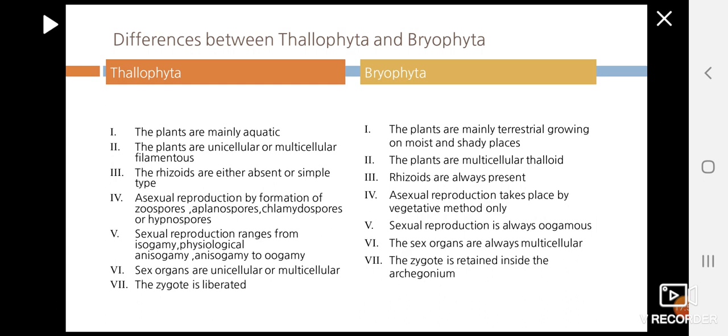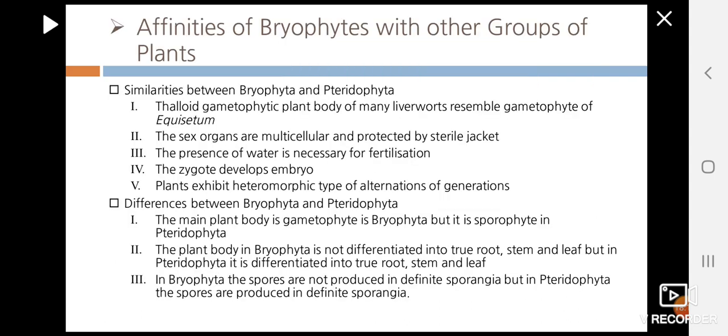Sex organs are unicellular or multicellular in case of Thallophyta, but they are always multicellular in Bryophyta. Zygote is liberated in Thallophyta, but it is retained in the archegonium in case of Bryophyta.